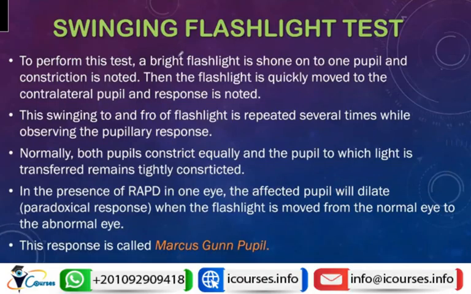And this occurs because the abnormal eye now is under two forces, or two responses. The first one will be the constriction of the abnormal eye, and the second one will be the dilatation caused by withdrawal from the normal eye. And this is what's called the paradoxical response.